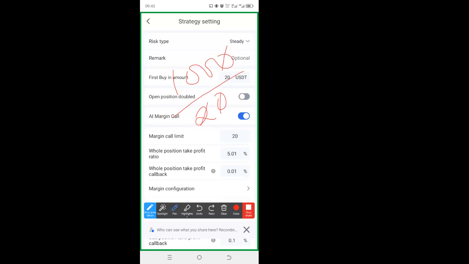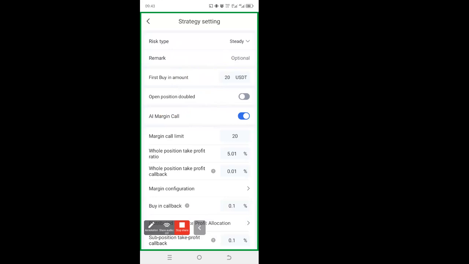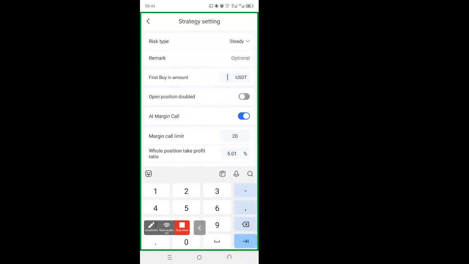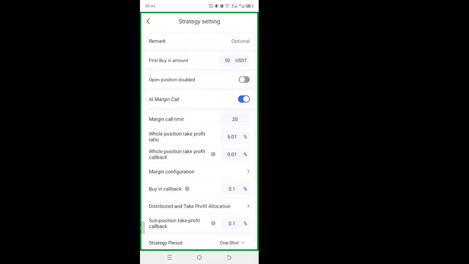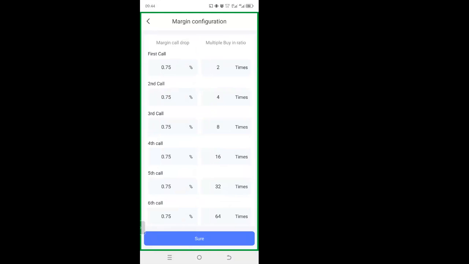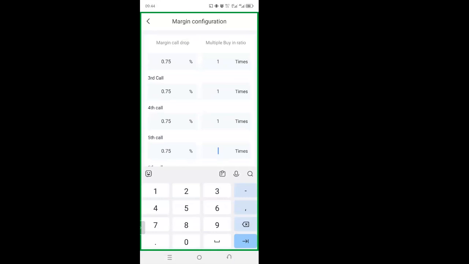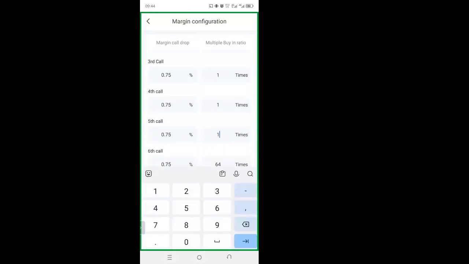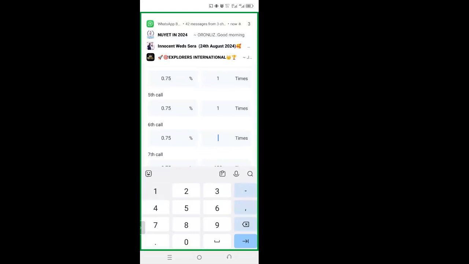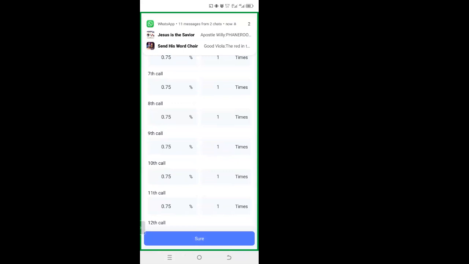Then you divide, this is 50. Number one, you can come here and put your 50 here. That means if you put 50 here, you're going to put your 1 here, 1, 1, 1, 1, throughout.